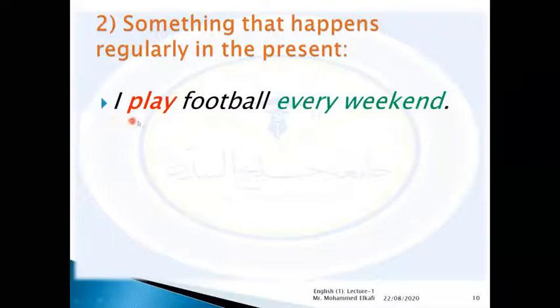We can say, "I play football every weekend," or "I play football every week." The word "every" tells us about regular things, something that happens every day, every week, every month, or from time to time, maybe last week, this week, and even next week.